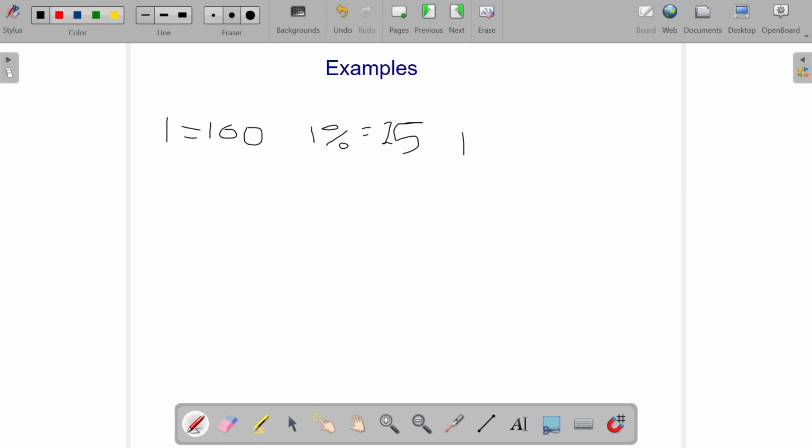So our new number becomes 125. Correct. Now they are asking by how much should we decrease it so that it becomes the original number. So the initial is 100, the new value is 125. So obviously we need to decrease it by 125 minus 100, which is equal to 25.